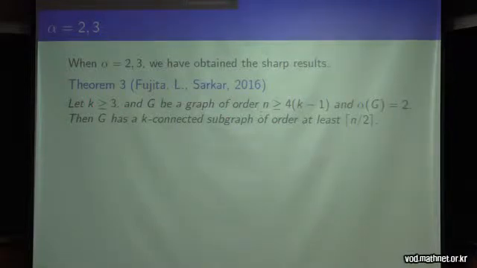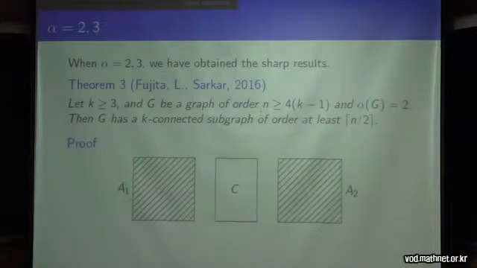If n is at least 4 times k minus 1 and alpha is 2, then we have at least n over 2. Here's a warm-up sort of proof. If G is not k-connected, then we have a cut set, and the two parts must be complete because alpha is 2.